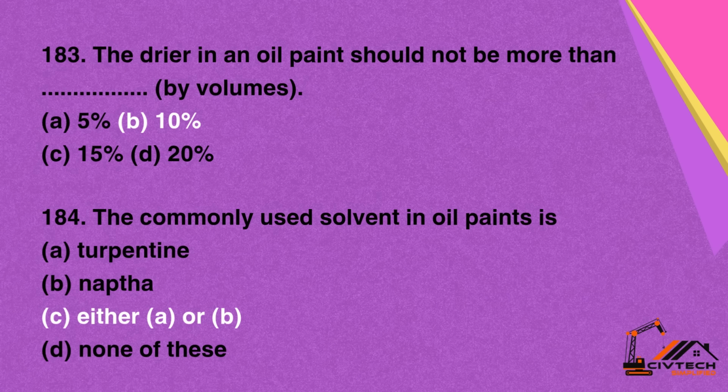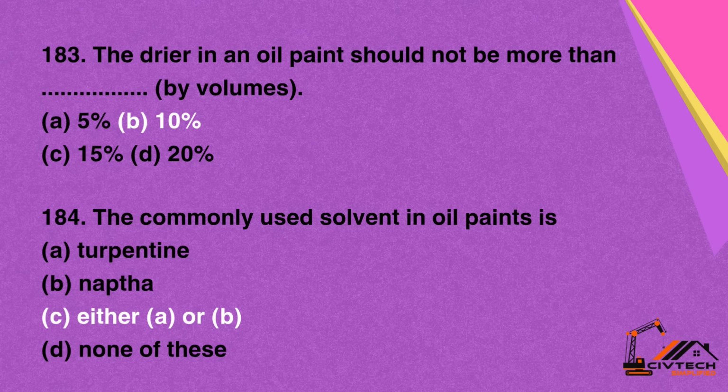183. The dryer in an oil paint should not be more than, by volume, A. 5%, B. 10%, C. 15%, D. 20%. Correct option, B. 10%. 184. The commonly used solvent in oil paints is A. Turpentine, B. Naphtha, C. Either A or B, D. None of these.